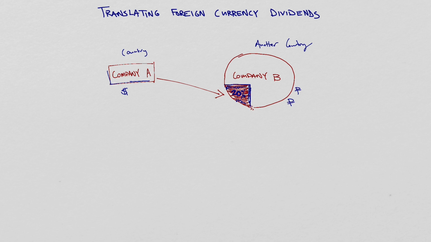For now, let's just look at a few calculations of what this dividend would be worth under different exchange rates. So we're going to use an example here. Company A is going to be BP, standing for British Petroleum. Now, despite the name, we're going to use dollars here rather than British pounds because, one, it makes it simpler.